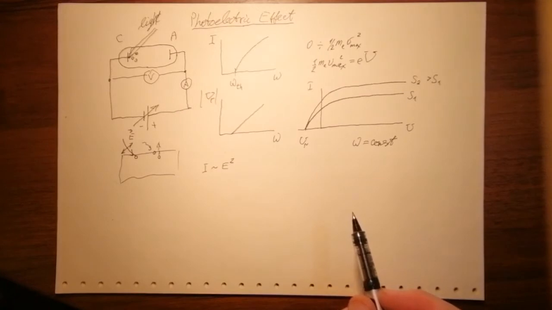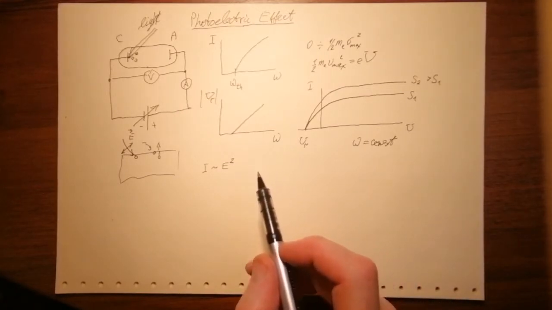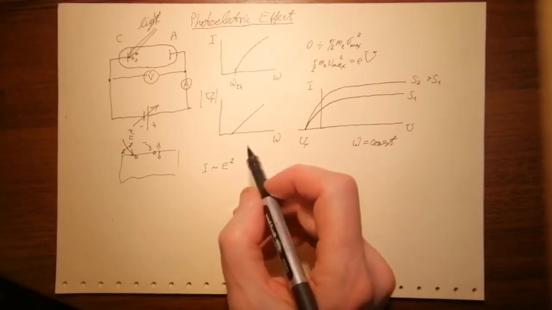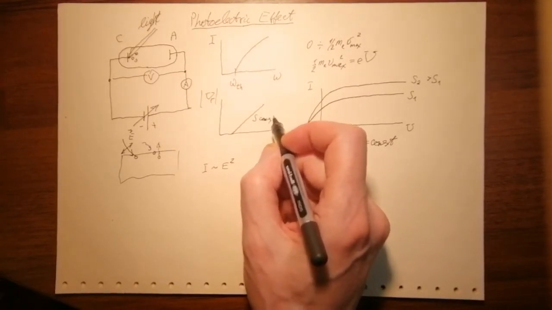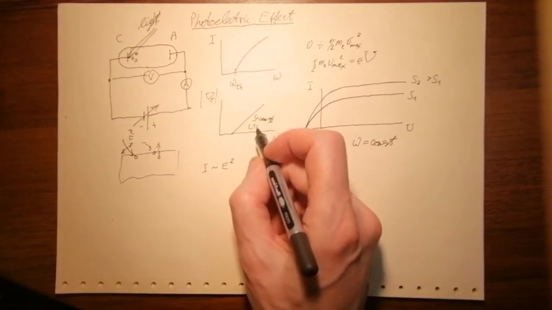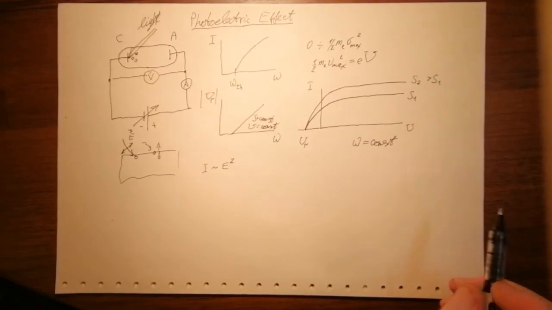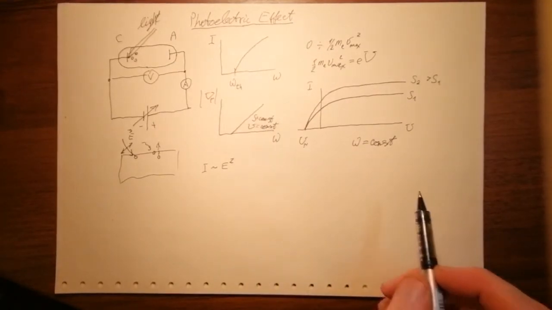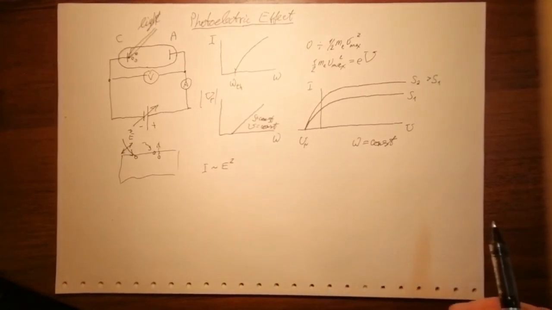How do we know that energy does not depend on intensity? We see that in this graph we have S constant and U constant, and whatever the intensity of light, the retarding voltage is here.